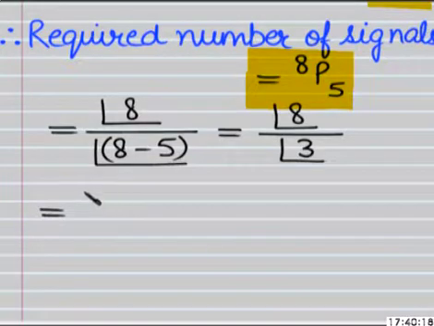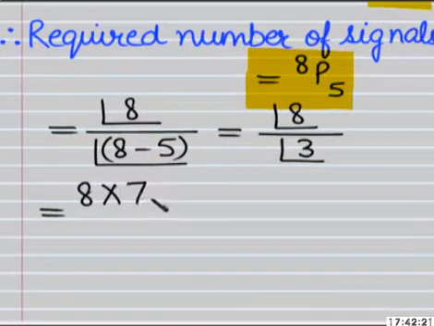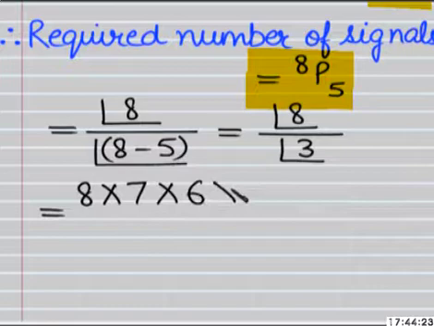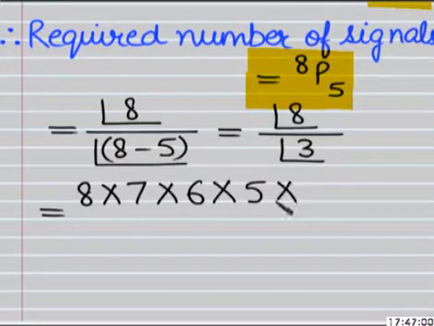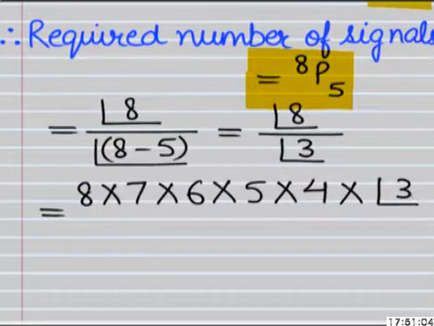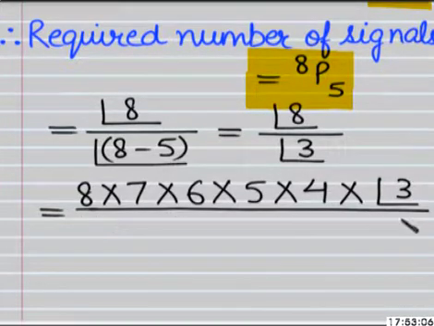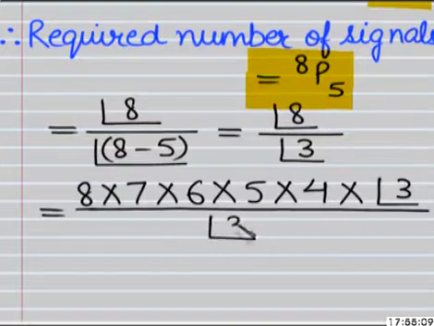It will be equal to 8 into 7 into 6 into 5 into 4 into 3 factorial whole divided by 3 factorial.